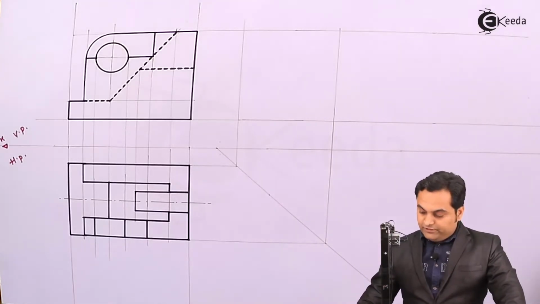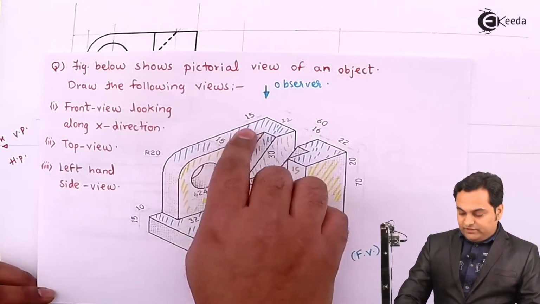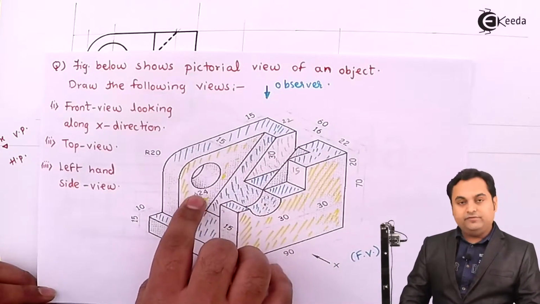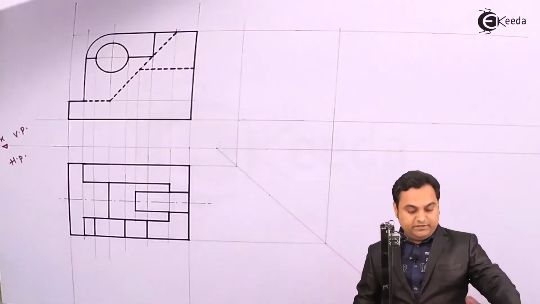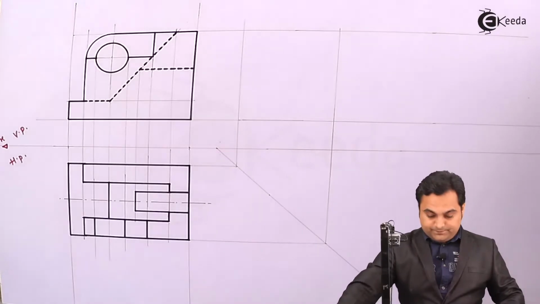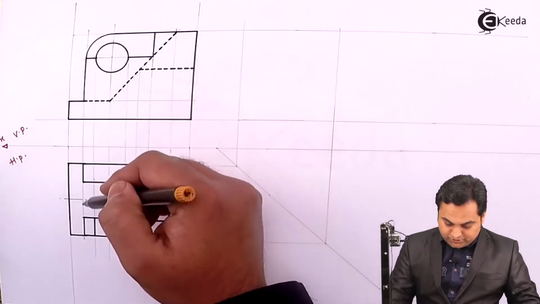Now I have to go for the hidden portion, and as the first thing, inside this 15 mm plate there is a circle of 24 mm diameter. This circle won't be visible, so it has to be hidden. Projecting it from the front view, its projections are already there.